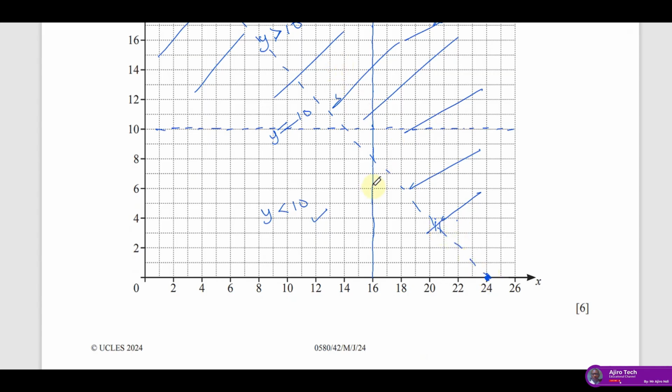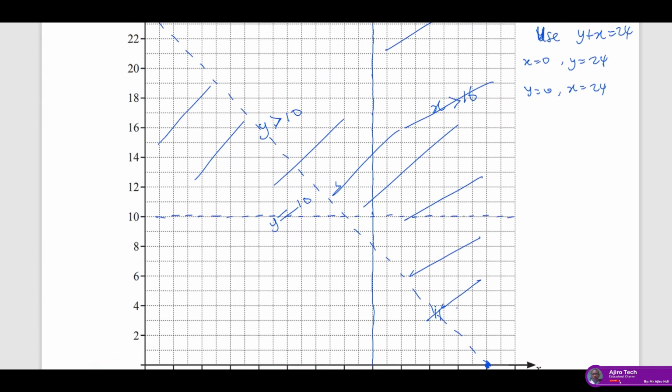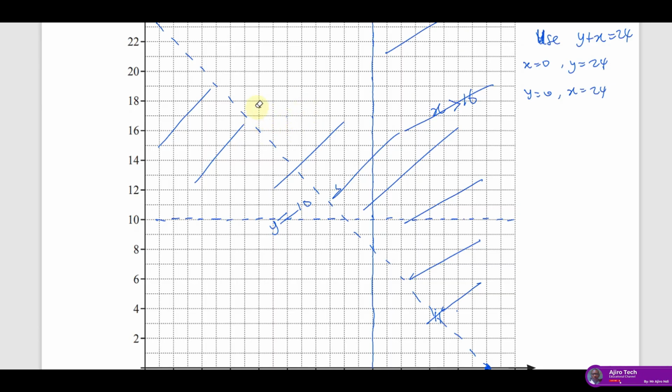So now, this line is y plus x equal to 24. Above is y plus x greater than 24, and below is y plus x less than 24.